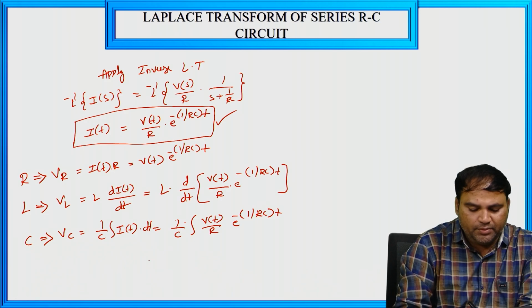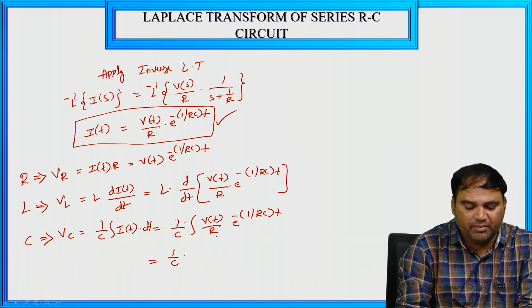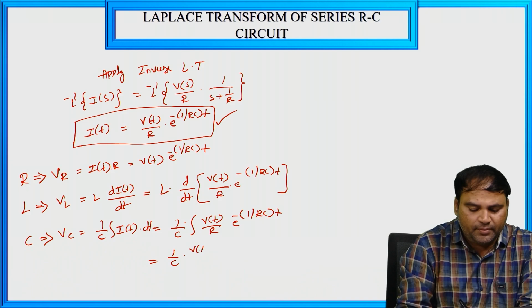So that equals 1 by C into, in this equation V of t by R is constant, V of t by R into e to the power of minus 1 by RC into t divided by minus 1 divided by RC.